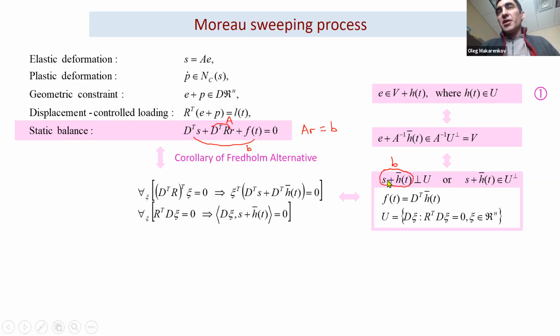It means that this ingredient here belongs to U perpendicular, the subspace orthogonal to U. And this orthogonal subspace, specifically not quite this, but a slight minor modification just for technical convenience, will be the space where our sweeping process will develop.